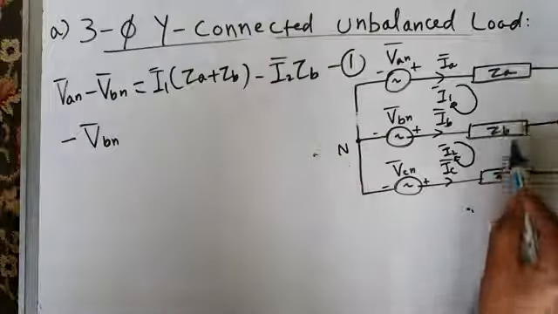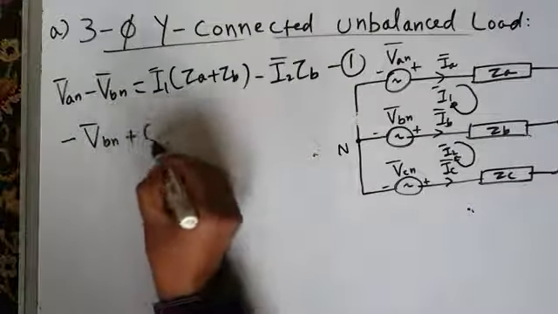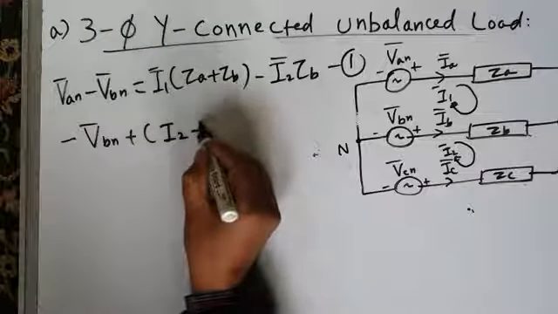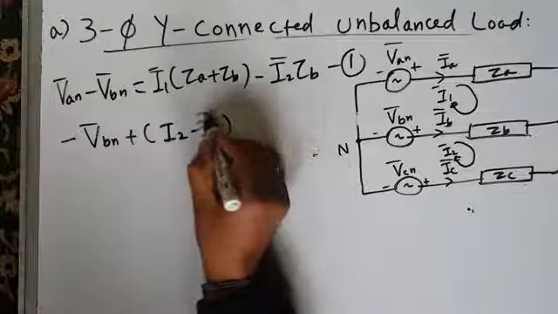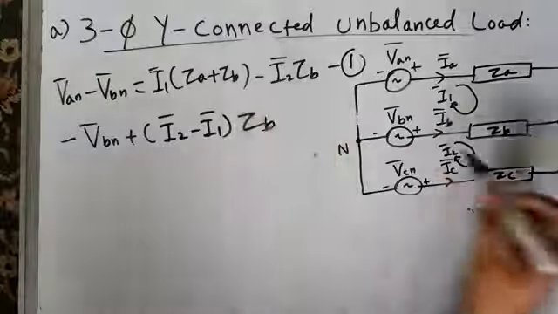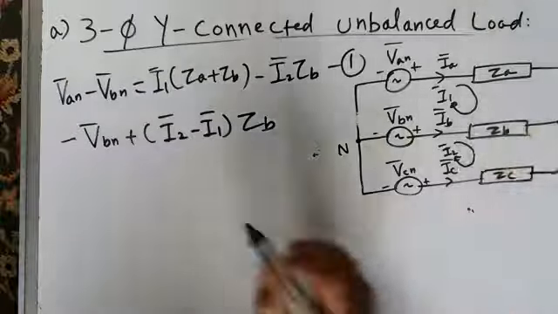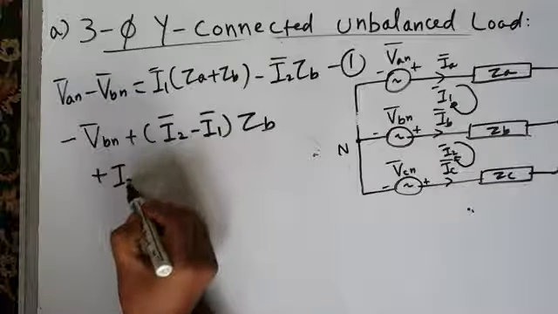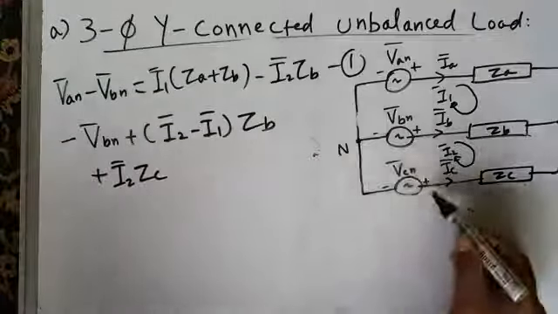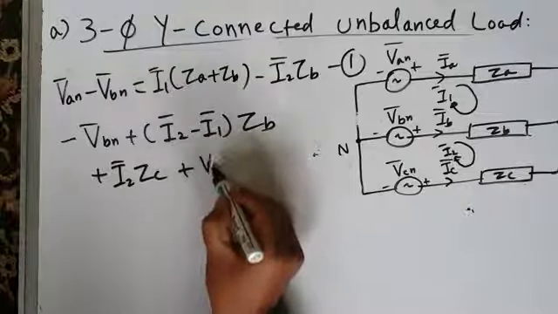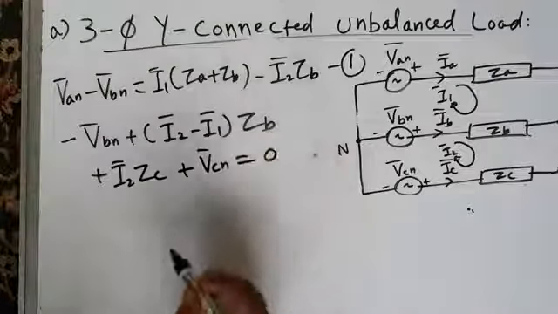So it will be I2 minus I1. The current through this in terms of mesh currents is I2 minus I1 into ZB. Then plus this drop. What is current through this impedance? It is I2 into ZC, and then plus this voltage, plus VCN is equal to 0.